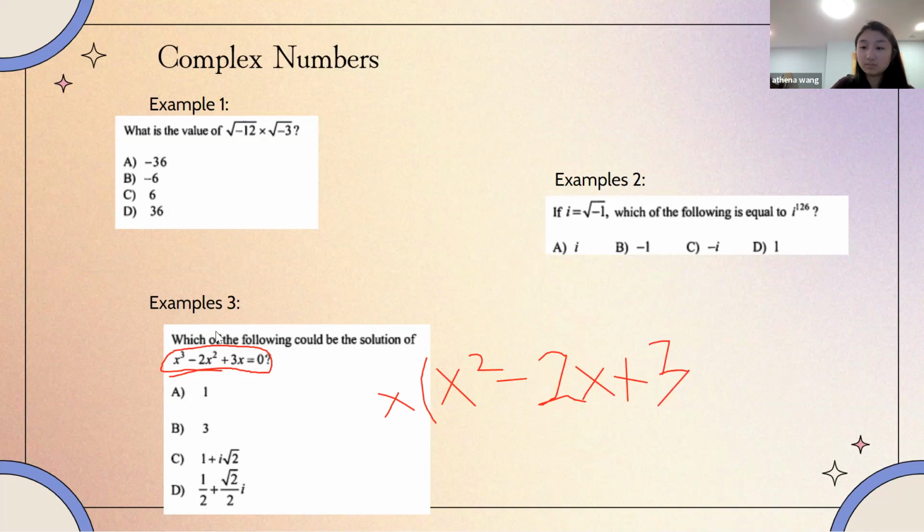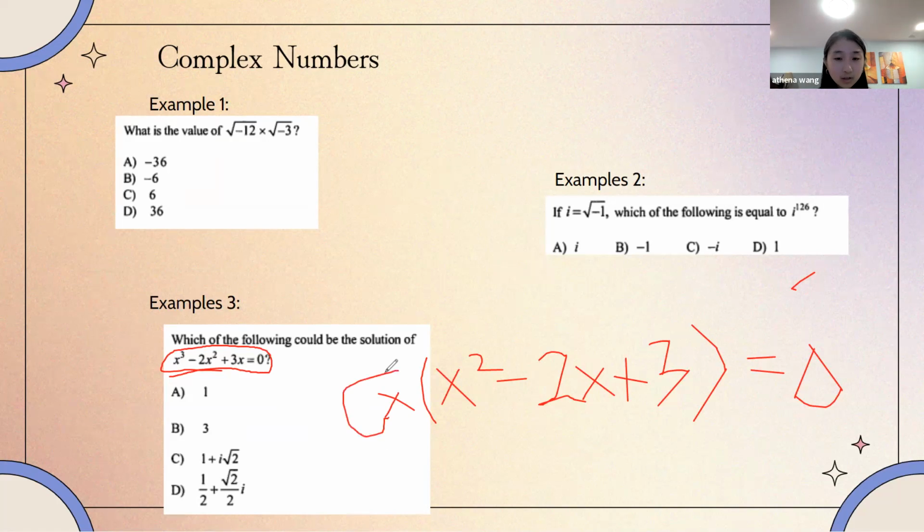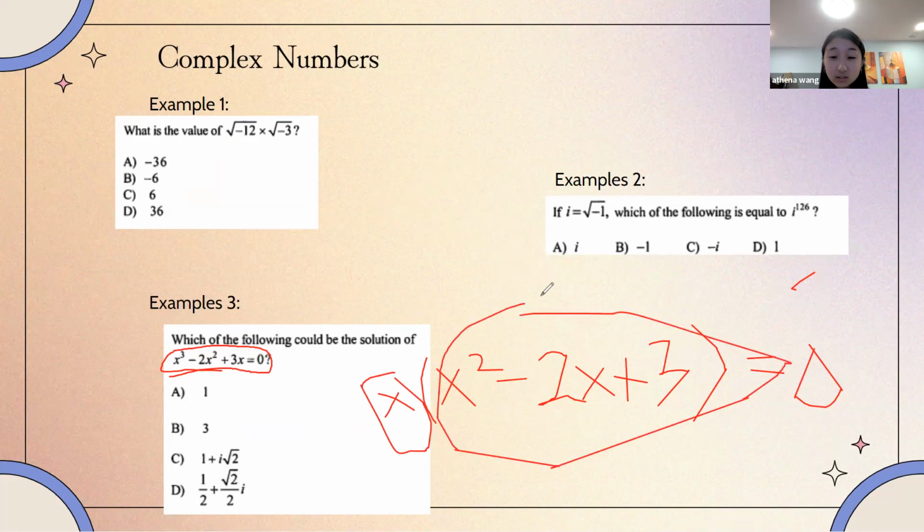Okay. But we see that 0 is not one of our answer choices. So we can just disregard this 0. It has to be one of the roots of x squared minus 2x plus 3. And by doing that, we can just use the quadratic formula.